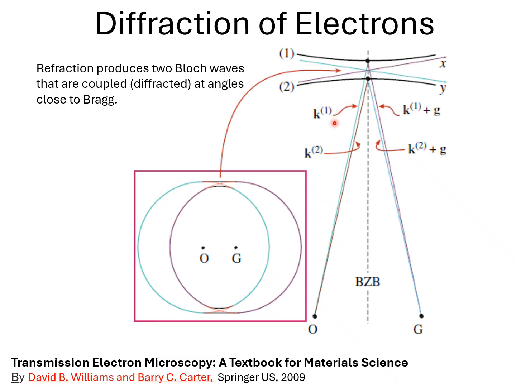We've got the direct, refracted, what's called a Bloch wave 1, refracted Bloch wave 2 in the direct beam, and then the same, but with this deviation from the diffraction effect, the diffracting vector of G in the diffracted case, which then are summed up, superimposed to give what would be the diffracted intensity.